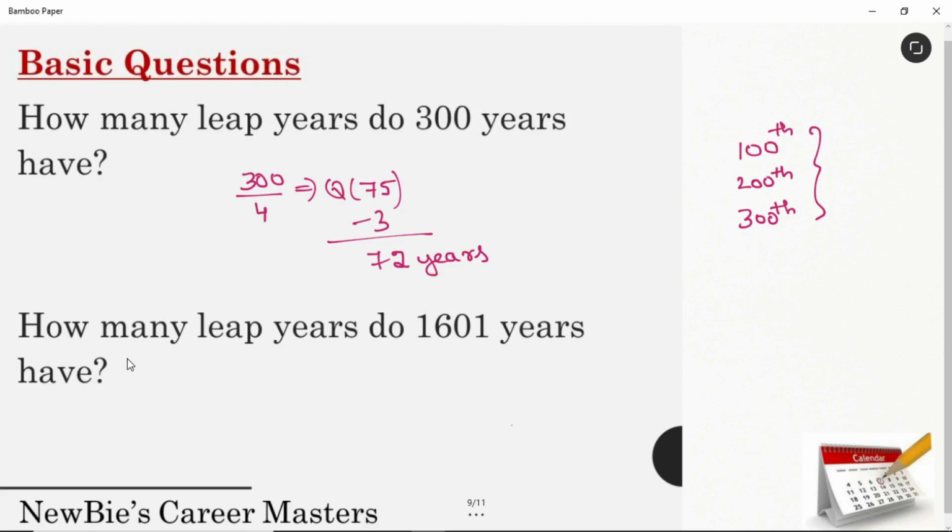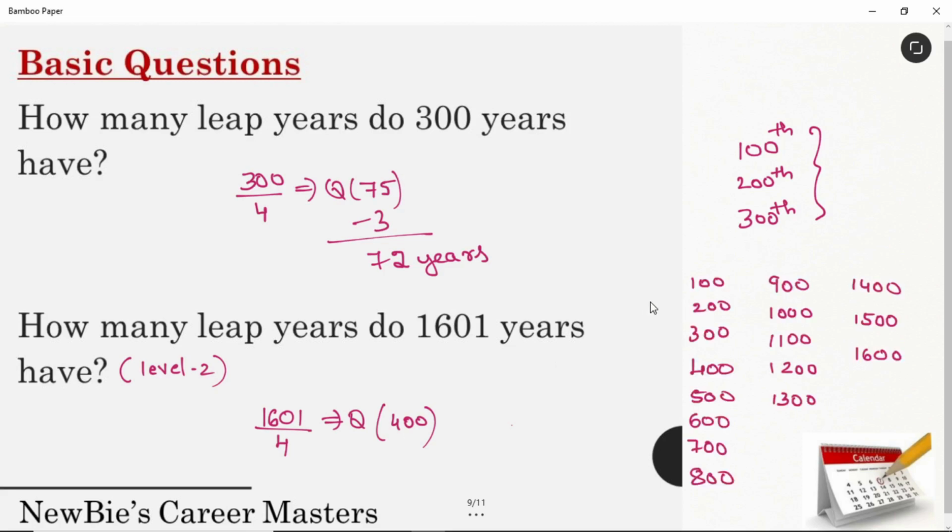Before solving the next question, let me tell you, this question is level 2. First step, 1601 divided by 4. Quotient is 400. But 400 is not the final answer. What do you have to do? You need to solve century years separately. Now we'll check out of these century years how many are leap years.